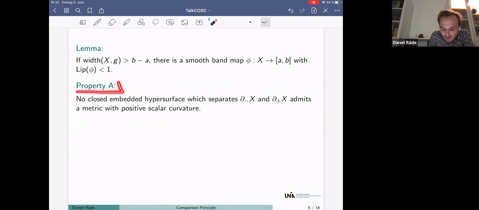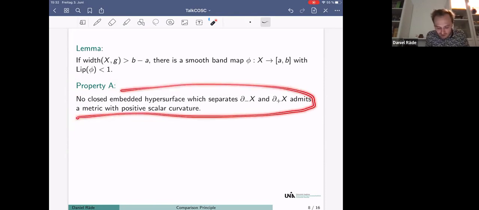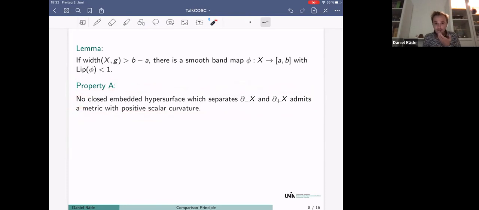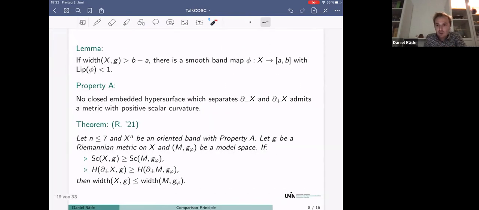And I call bands which are like this just bands which have property A. It's just a way of denoting this whole sentence, so that I don't have to write it all the time. And then there is the comparison result, okay?